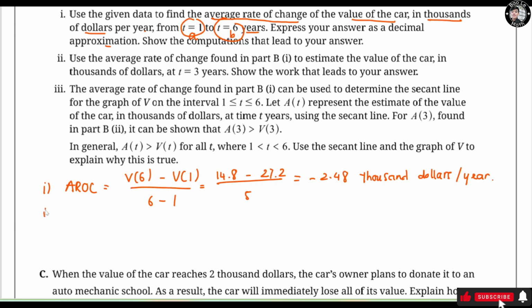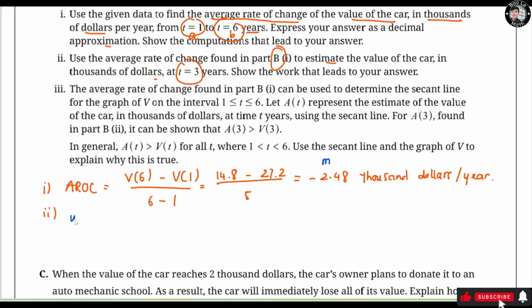Now question 2ii. Use the average rate of change found in part B(i) to estimate the value of the car in thousands of dollars at t equals 3 years. Now this is the slope. We're going to use the point-slope formula to estimate this one.